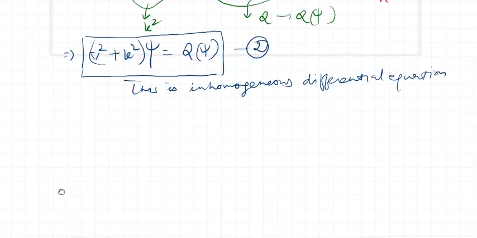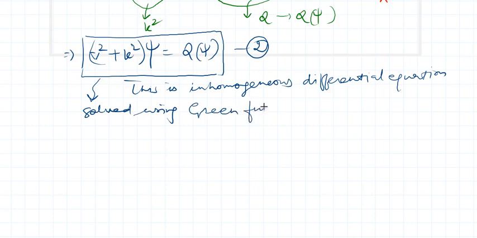Such inhomogeneous differential equations can be solved using the Green function approach. For a briefing on this Green function, you can follow the book Mathematical Physics by Arfken.